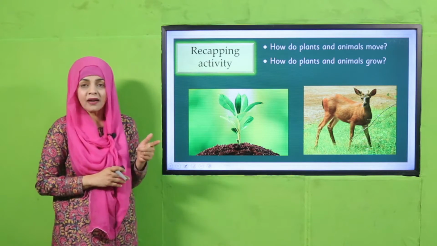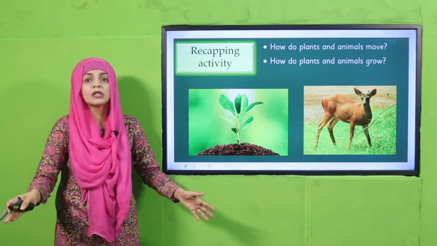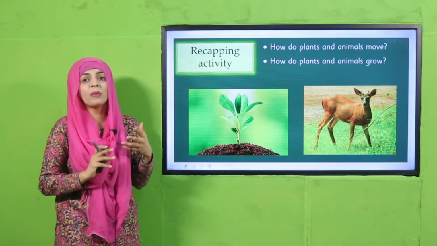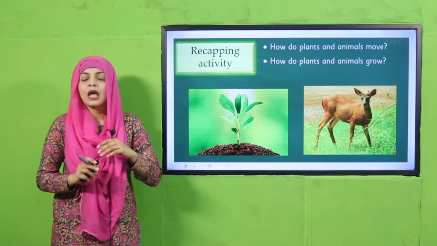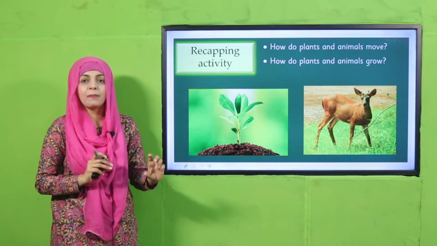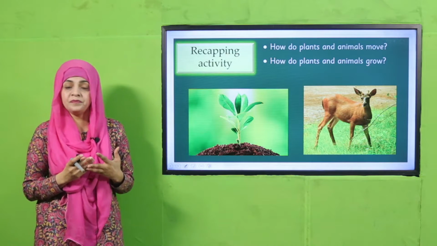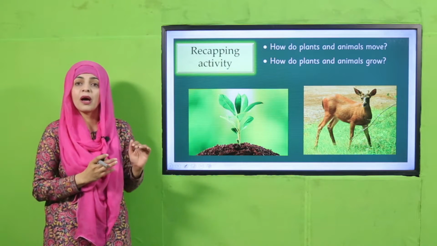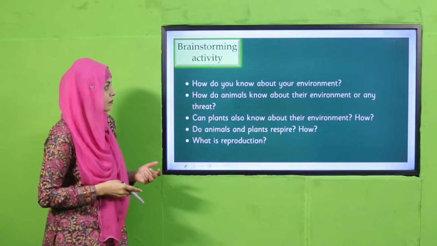Similarly, on the other hand, plants move towards the light and their roots move towards the water. This is the movement in plants. How do plants and animals grow? A plant grows from a baby plant to a mature plant or into a tree, whereas an animal grows from a baby to an adult human being.